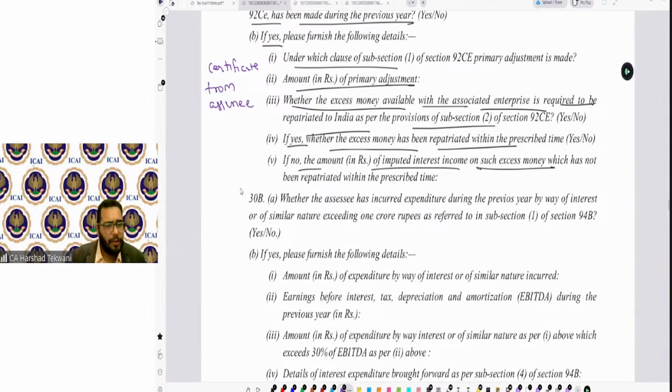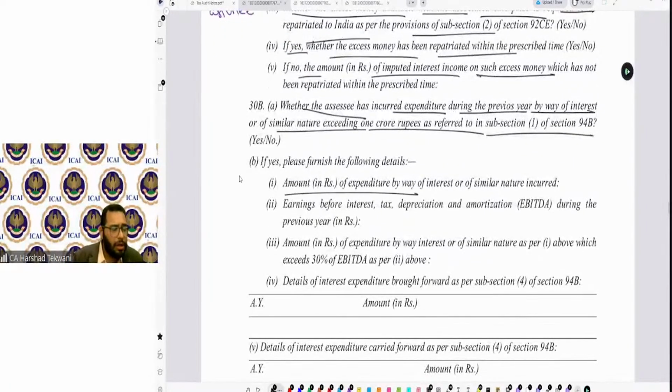Expenditure in excess of 1 crore basically. So whether the assessee has incurred expenditure during the previous year by way of interest or similar exceeding 1 crore under sub-section 1 of 94B. If yes, then the amount of expenditure by way of interest or similar nature exceeding 30% of the EBITDA, earnings before interest, tax, depreciation and amortisation, and details of expenditure brought forward as per sub-section 4 of 94B.